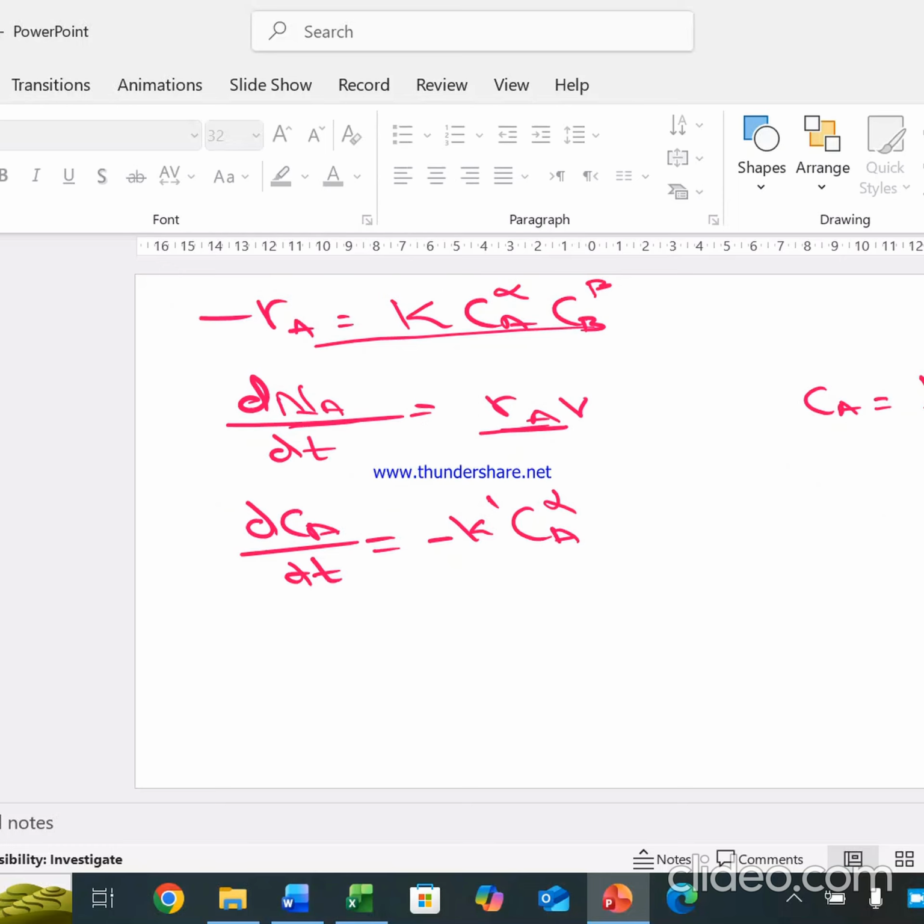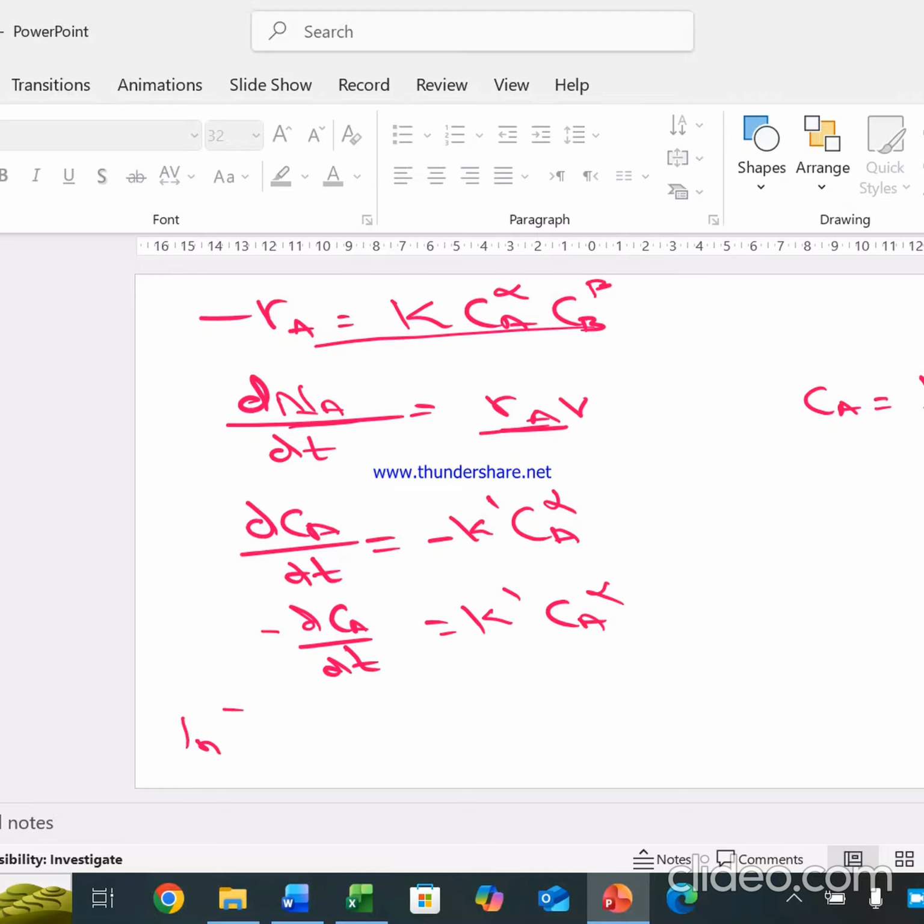So having done this, in order to linearize this expression, we can have it like this: minus dCA/dt equals k prime CA^alpha. I try to rearrange the negative sign. Then let's linearize. Take the natural logarithm of the two.